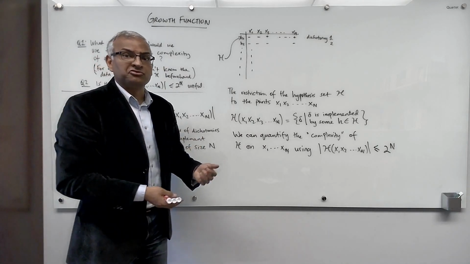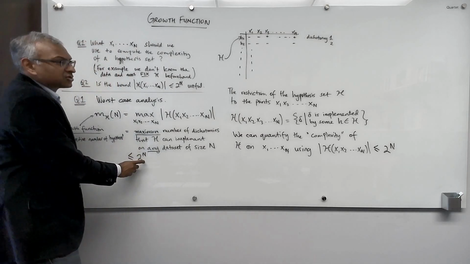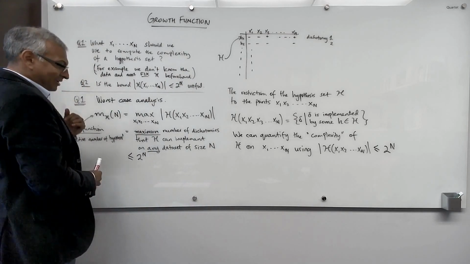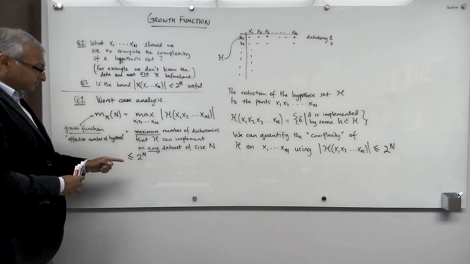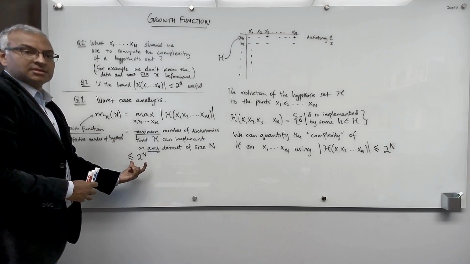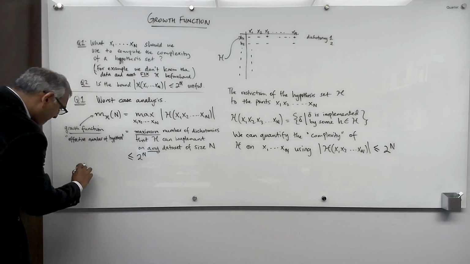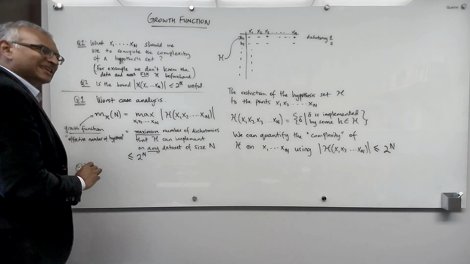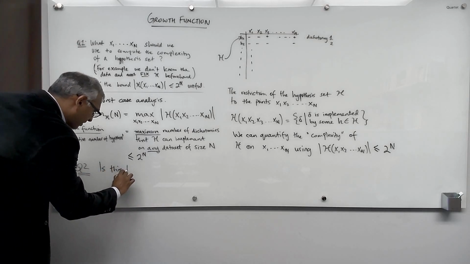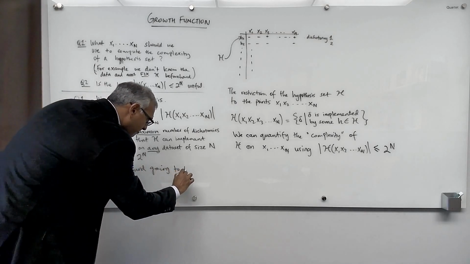Odds are that I'll be able to find a particular set of n points for which I can actually get 2 to the n dichotomies. So let's address the second question, which is, is this bound on the effective complexity of a hypothesis set going to be useful? So question 2. Is this bound going to be useful?